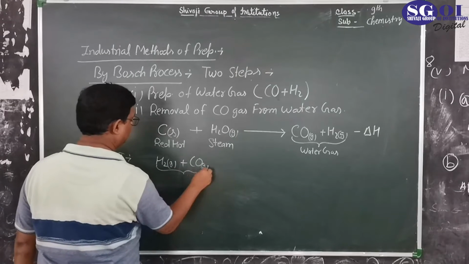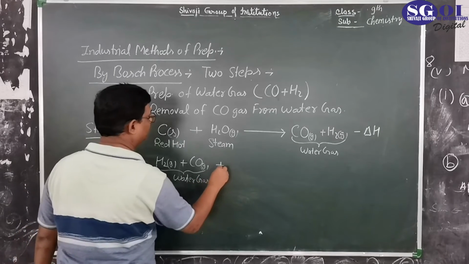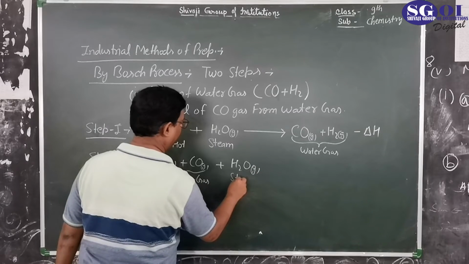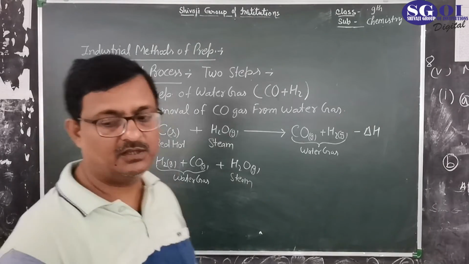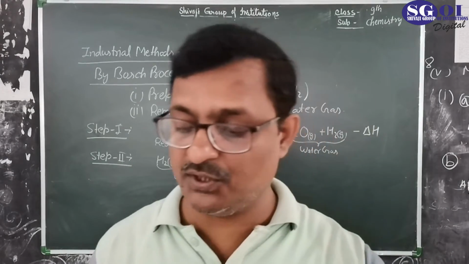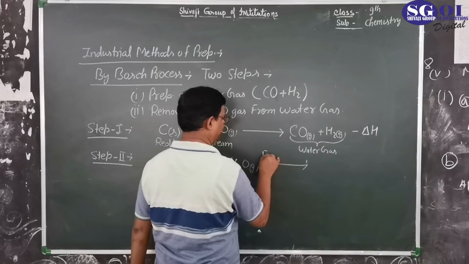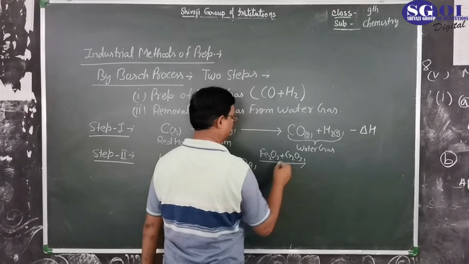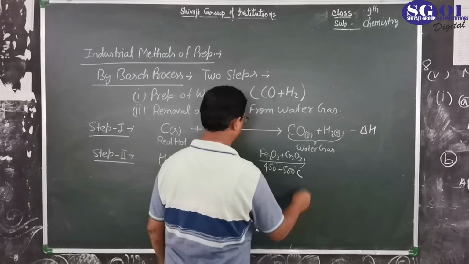This is mixed with superheated steam again, and passed over the catalysts Fe2O3 and Cr2O3 at 450 to 500 degrees temperature.